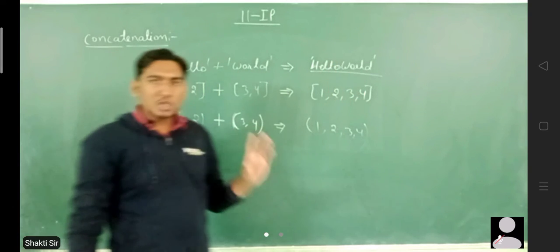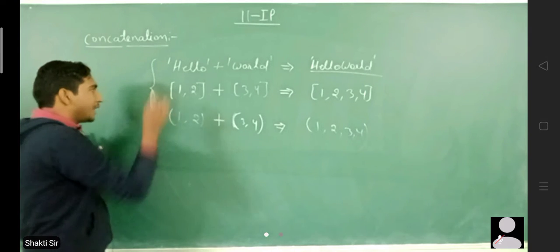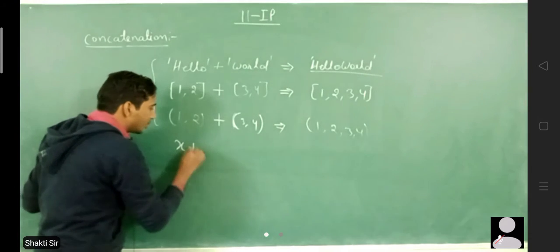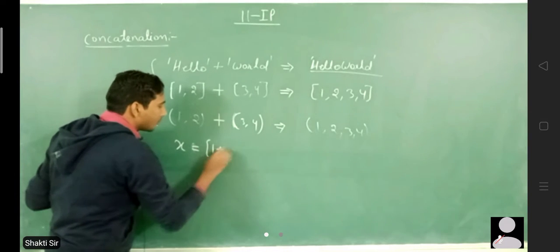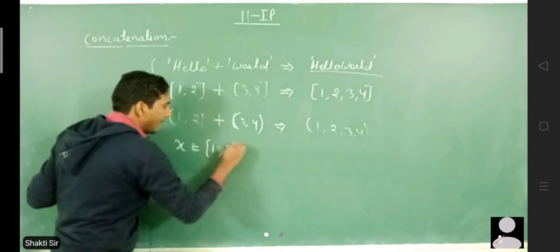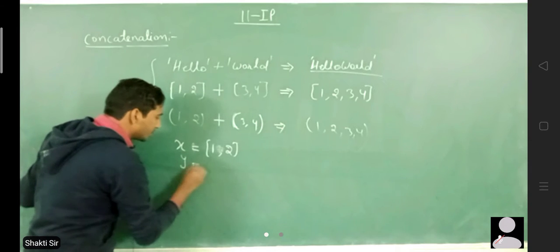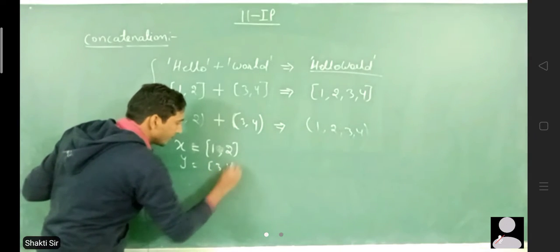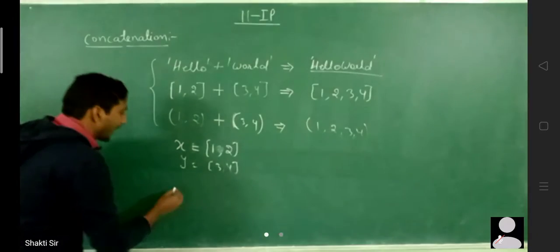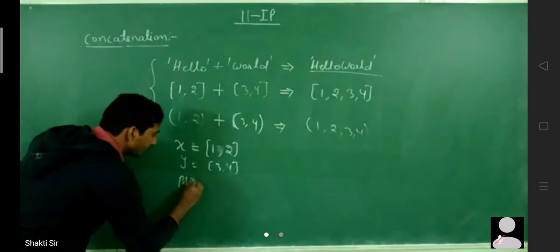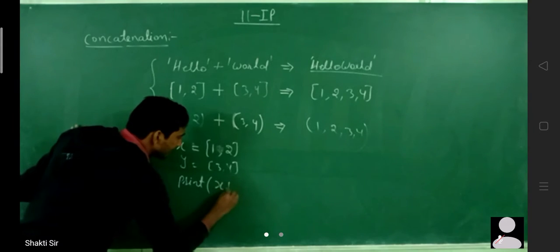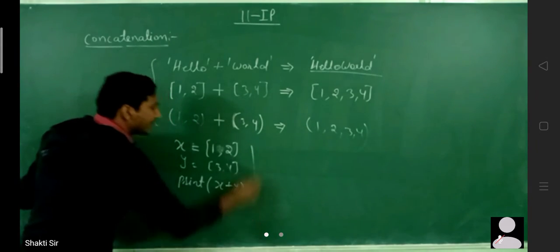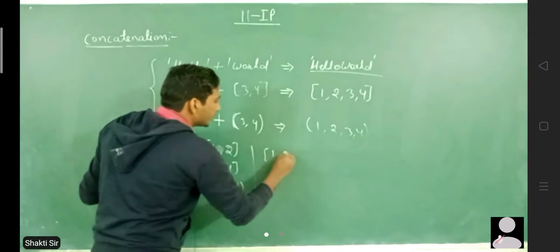Let us take an example. Suppose x is equal to 1 comma 2 and take a variable y is equal to 3 comma 4. And if I print x plus y, then the output would be 1 2 3 4.